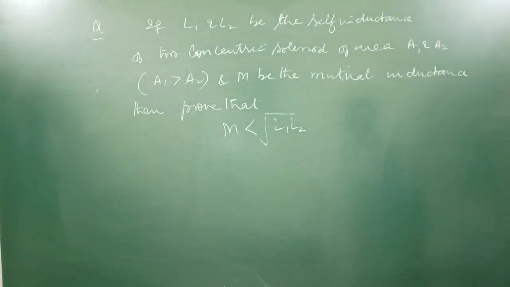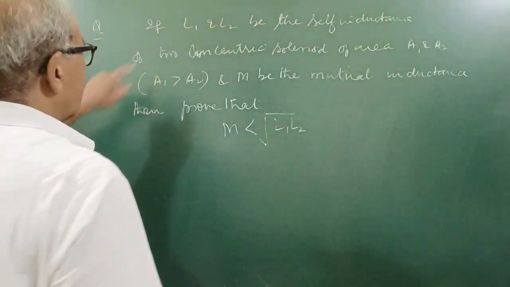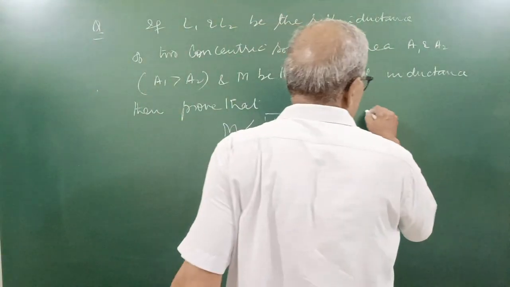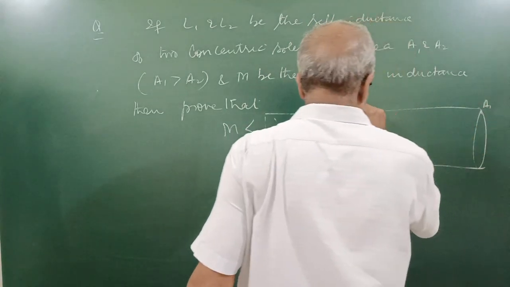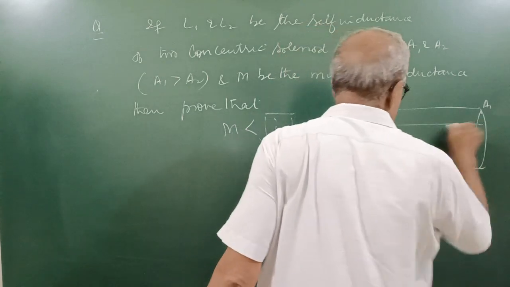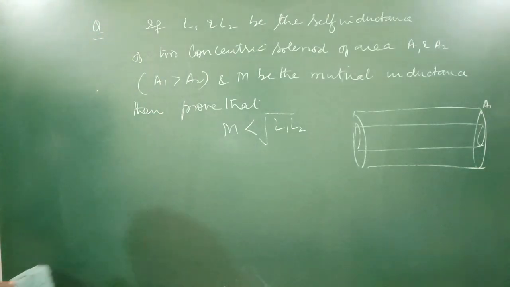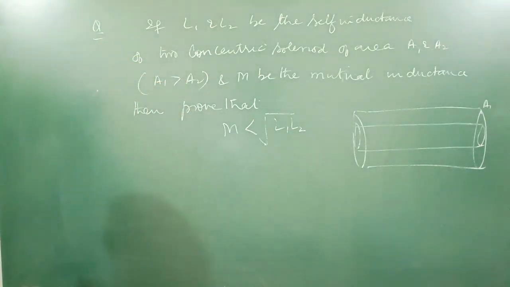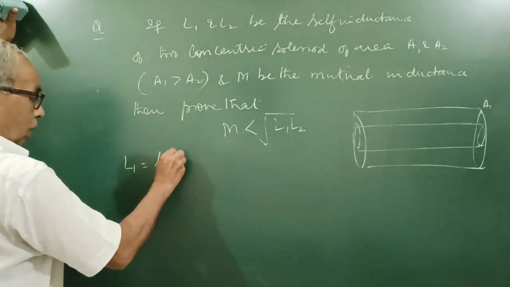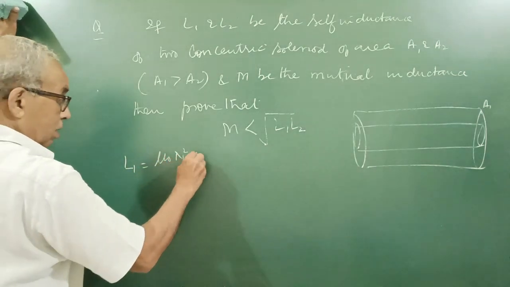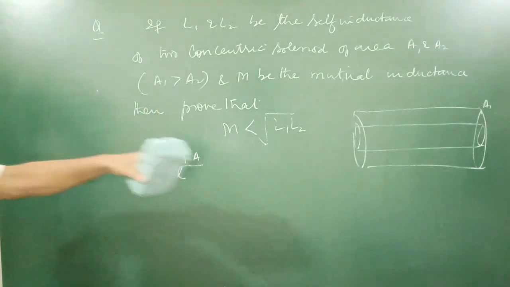Two concentric solenoids, A1 I have taken greater than A2. This is the outside coil, like this. This is A1 here and the other is A2. So we have to prove M less than under root L1 L2. First you write L1 equals mu 0 N1 square into A1 upon L. L is the same.